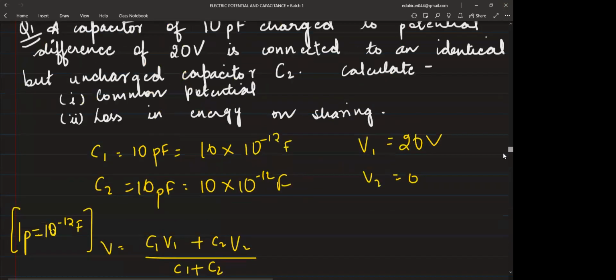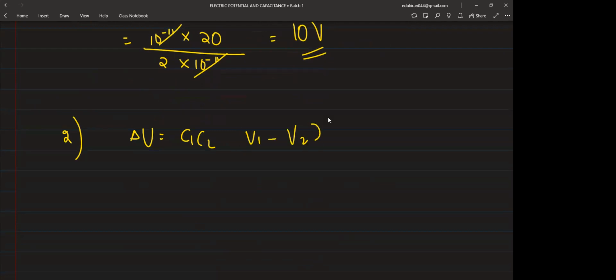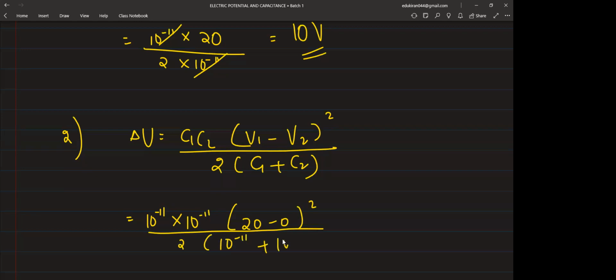Second says loss in energy after sharing. So for the second part, loss in energy, the formula is C1 C2 (V1 minus V2) whole squared divided by 2(C1 plus C2). So 10 into 10 to the power minus 11 into 10 to the power minus 11, into (20 minus 0) whole squared, divided by 2 into 10 to the power minus 11 plus 10 to the power minus 11.